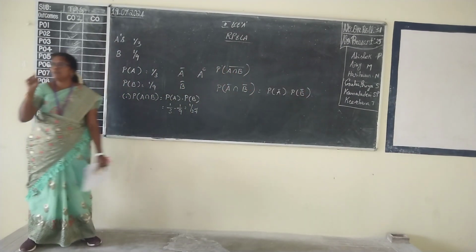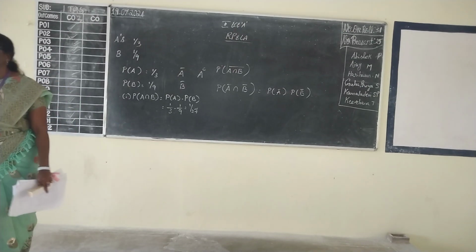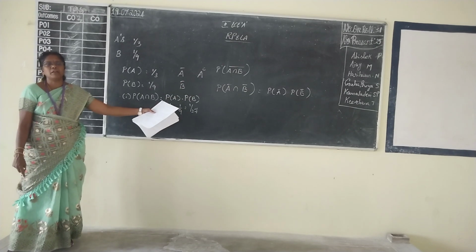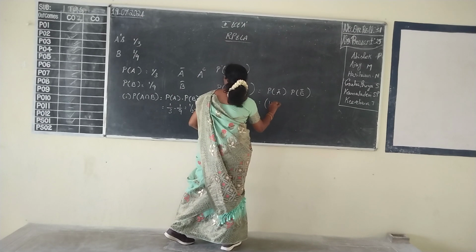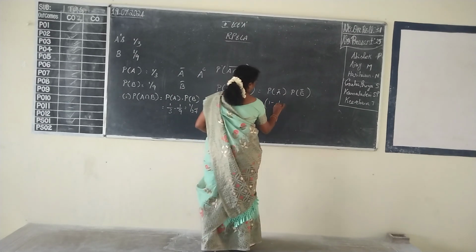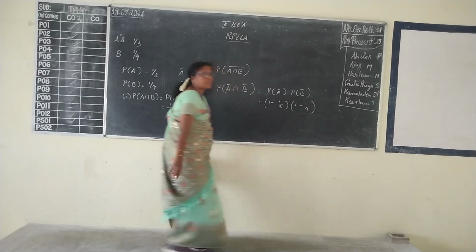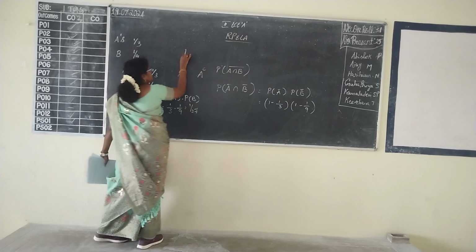What is the Q formula I told you now? Q equal to 1 minus P. So this is our P value, that is our Q. So Q can be got as 1 minus P. So probability of A bar will be 1 minus 1 by 3 into 1 minus 1 by 9.